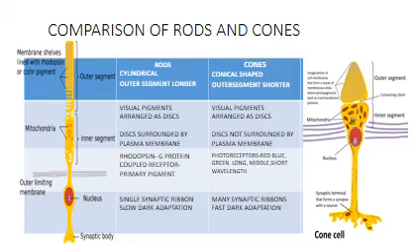On one side we have cylindrical outer segments, which are longer compared to the cones. In cones, the outer segment is conical shaped and shorter in length.